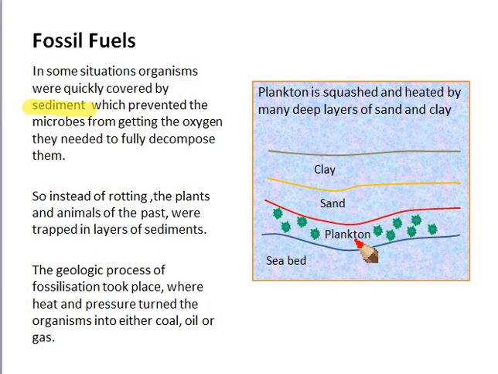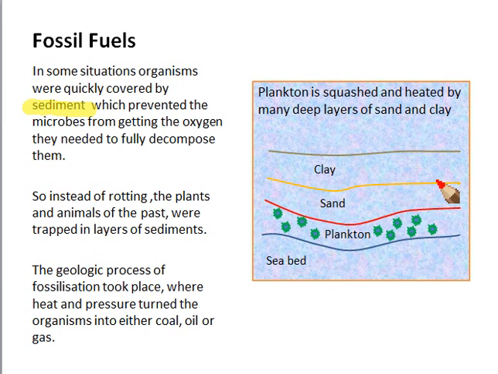So in this ocean environment we have plankton, phytoplankton and zooplankton, largely microscopic organisms falling to the bottom of the seabed. Here of course they begin to get decomposed by the decomposers, the bacteria and the fungi. But before the decomposers can basically break them down fully, there are layers of sediment that fall on top.